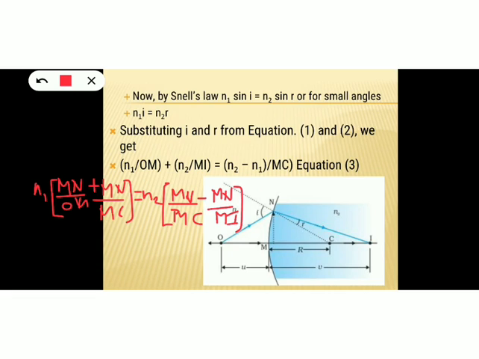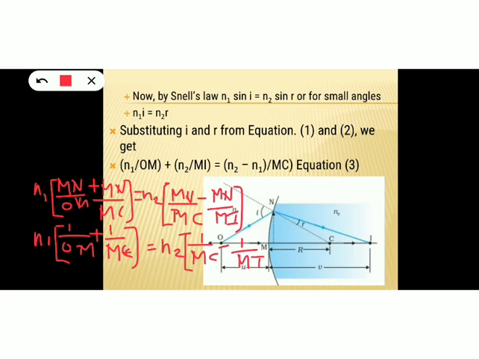MN is a like term. After that you will get the expression like this: n1 into 1 by OM plus 1 by MC equal to n2 into 1 by MC minus 1 by MI.